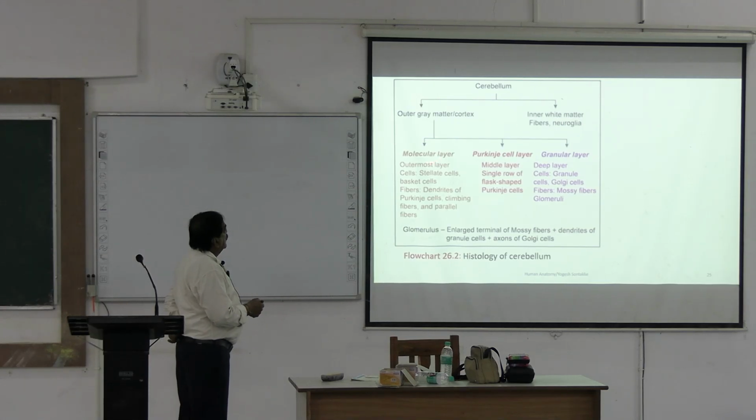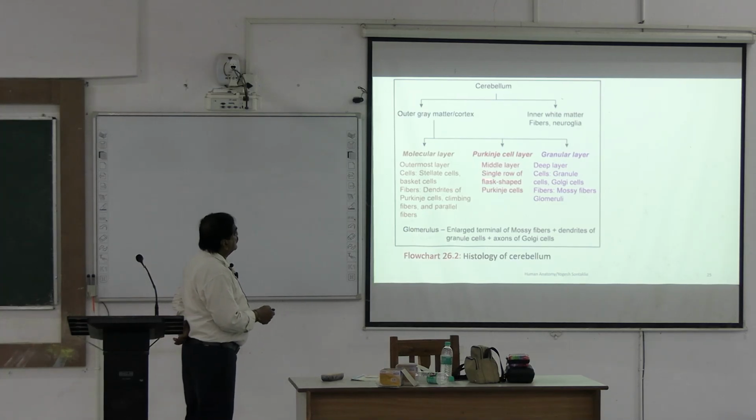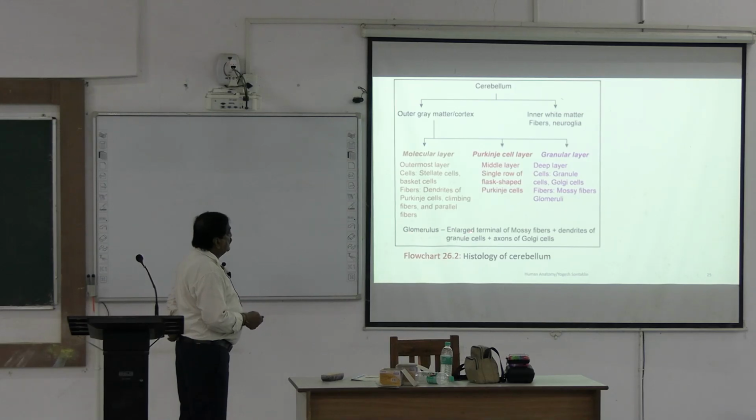The molecular layer is the outermost layer, with stellate cells, basket cells, fibers, dendrites of Purkinje cells, climbing fibers and parallel fibers. The Purkinje cell layer is the middle layer, a single row of flask-shaped cells. The granular layer is the deeper layer with granule cells, Golgi cells, mossy fibers and glomeruli. A glomerulus is the enlarged terminal of mossy fibers plus dendrites of granule cells and axons of Golgi cells.